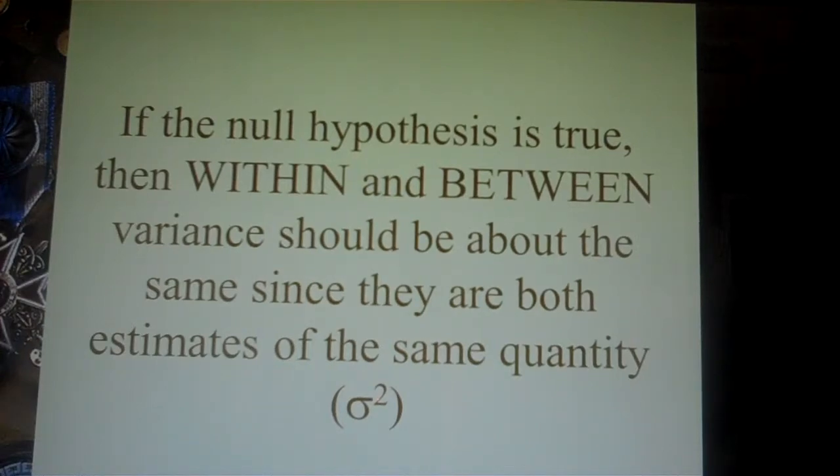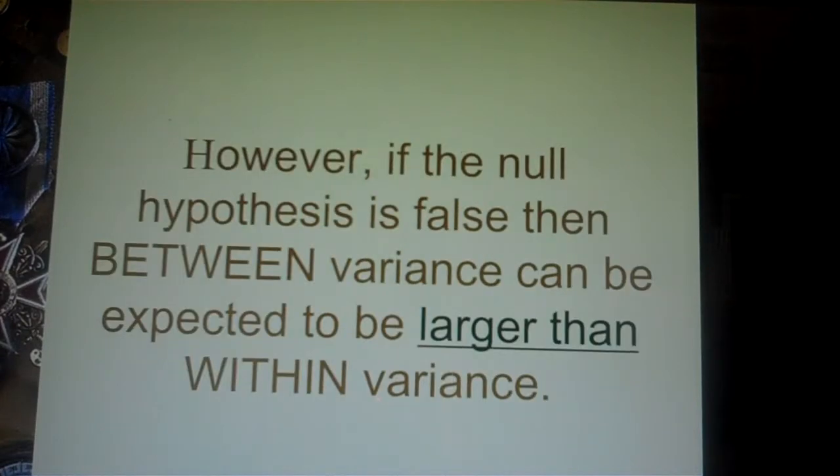Now, if this null is true, then within and between should be about the same because they both come from the same population, if you will. So why would they not be the same? So we are testing the idea that students who go to these three schools will be different in some way from folk at the other schools.